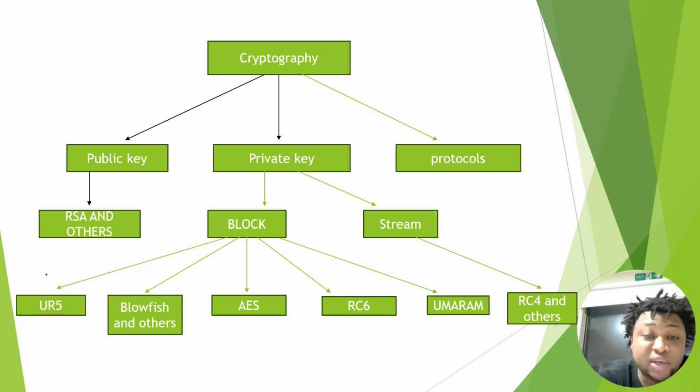Under the private key, which is also the symmetric encryption, we see the various types of techniques used. The various algorithms used are the block ciphers: Blowfish, AES, RC6, and RAM for short. Also under the private key we have the stream, where the algorithm used is RC4 and others.